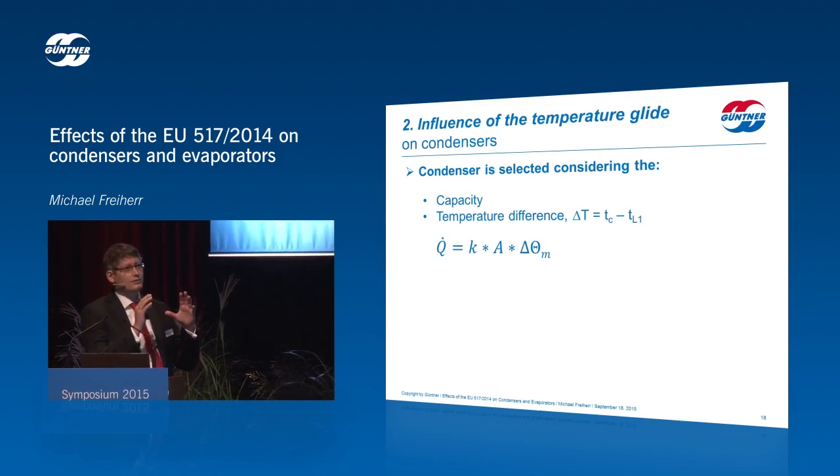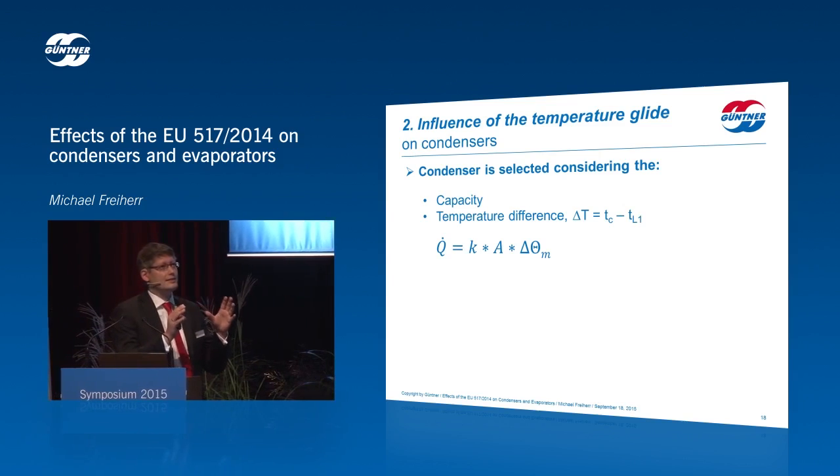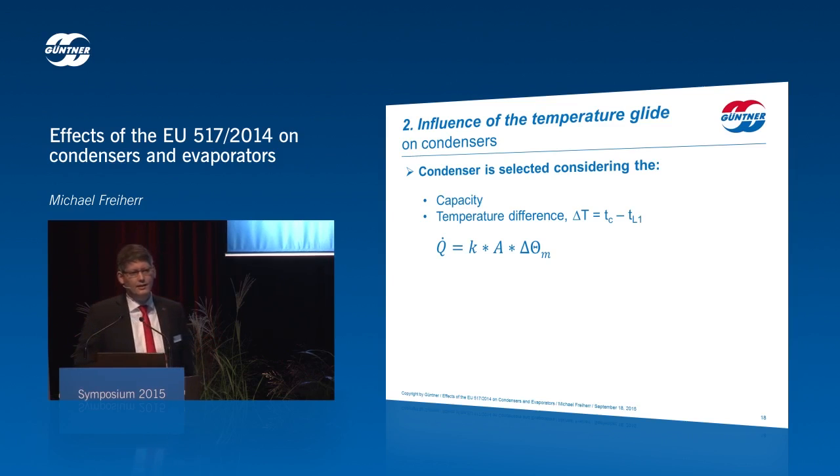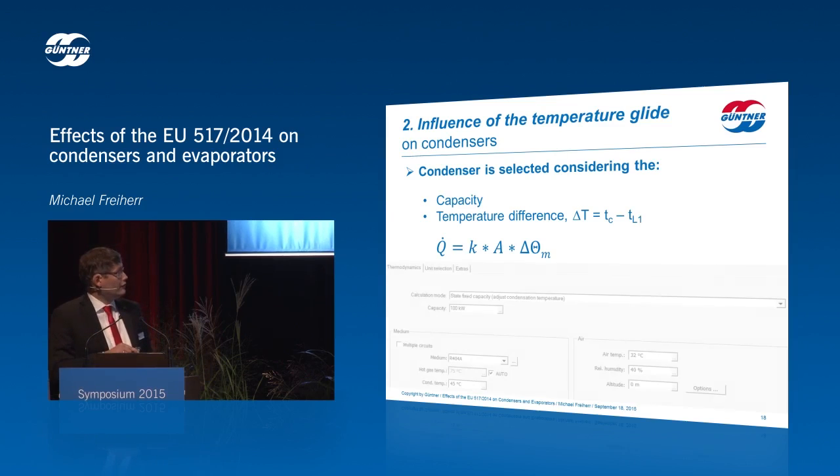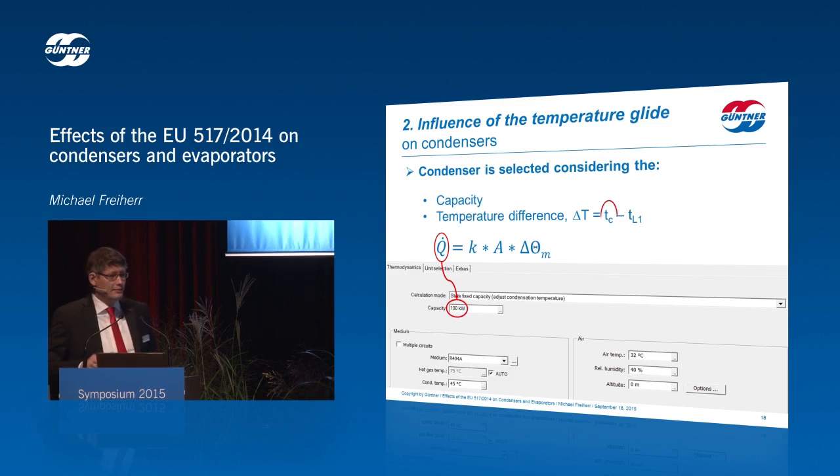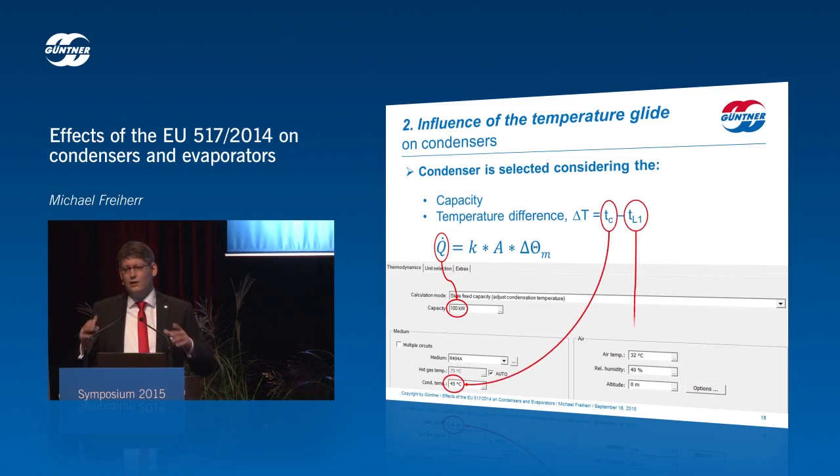with this delta T, you create the framework conditions that have an effect on the middle temperature difference or mean temperature difference that's effective on the condenser. It's the delta theta M. The capacity, the air inlet temperature and the condensing temperature is what's entered in the system, and this is how you create the boundary conditions or the framework conditions.